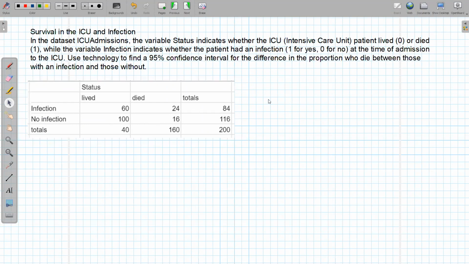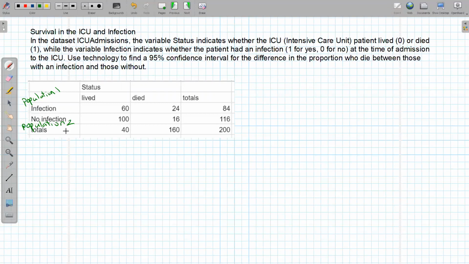And what I'm concerned about here is the proportion of people who died, whether and if they had an infection or not. So my two populations are, population 1 is, did they have an infection? So this is population 1, and the no infection, that's my population 2.